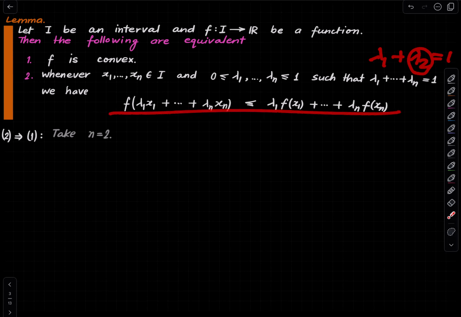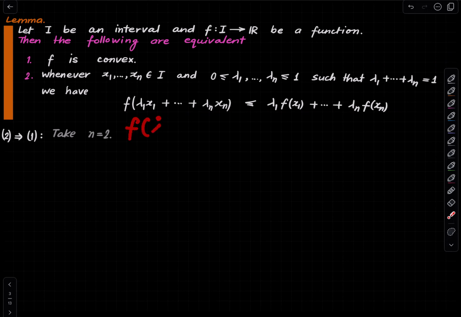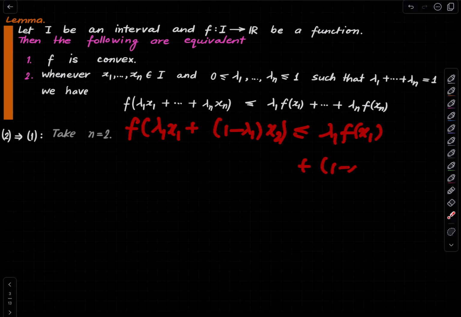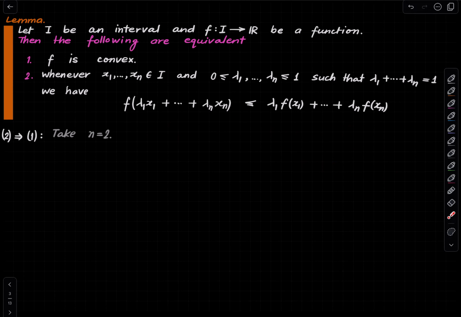So then this equation just becomes f of lambda 1 x1 plus 1 minus lambda 1 times x2 is at most lambda 1 f of x1 plus 1 minus lambda 1 times f of x2, and this is exactly the definition of convexity that we gave in the previous page.